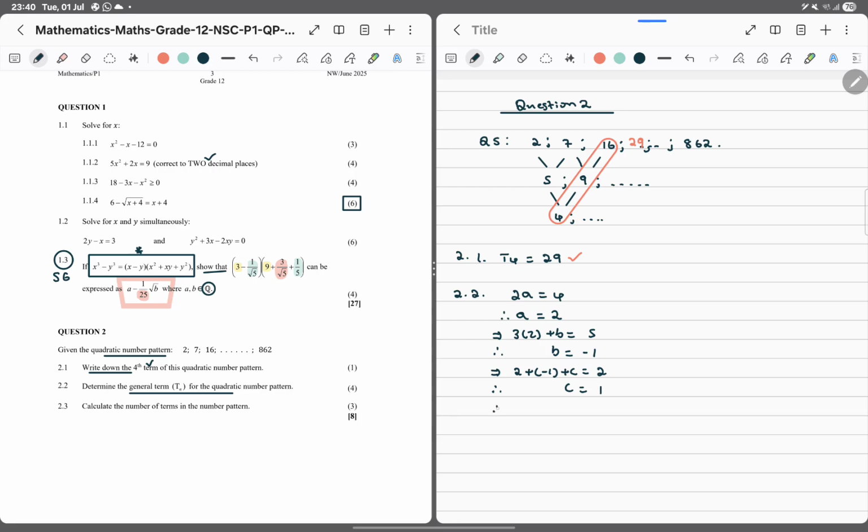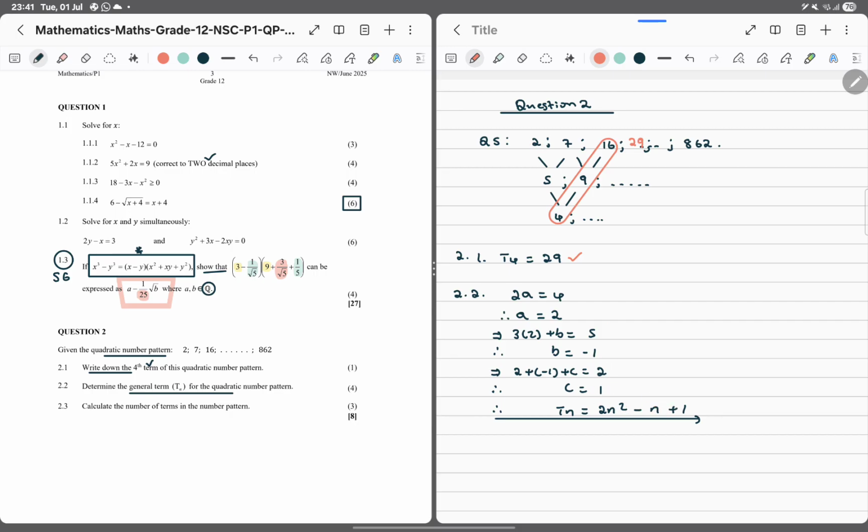Right. So therefore Tn is going to be 2n squared minus n plus 1. Okay, we should not be happy we got it. Let's check this if it represents our sequence. Term 1, if we put a 1 in here, we get 2 minus 1, that's 1. 1 plus 1 is a 2.